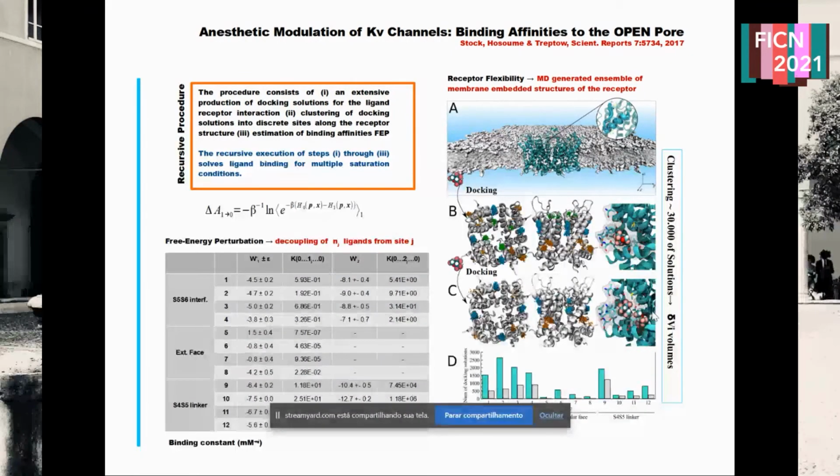Then the binding affinity of the ligand to each of these sites was evaluated by means of free energy perturbation calculations, taking into consideration the whole channel with explicit water and membrane. In this table, we summarize the results we found from FEP calculations, showing binding affinities for single and double occupancies of the binding sites.